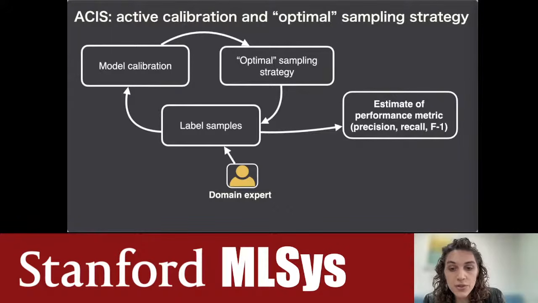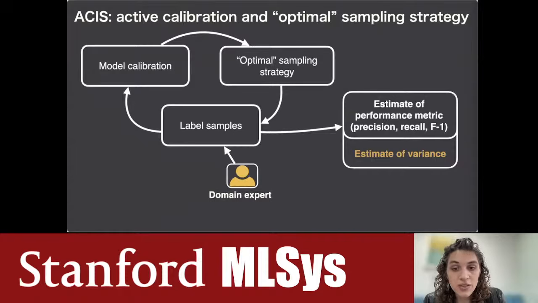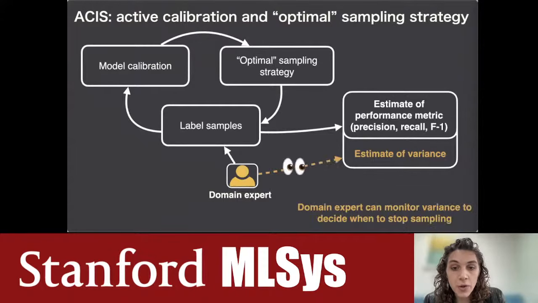What's unique about this approach is that in addition to the estimate itself, we're also able to infer the variance of the estimate using just a single trial. And this is critical because it allows the domain expert to monitor the quality of the estimate and to decide when it is accurate enough to stop labeling more data.